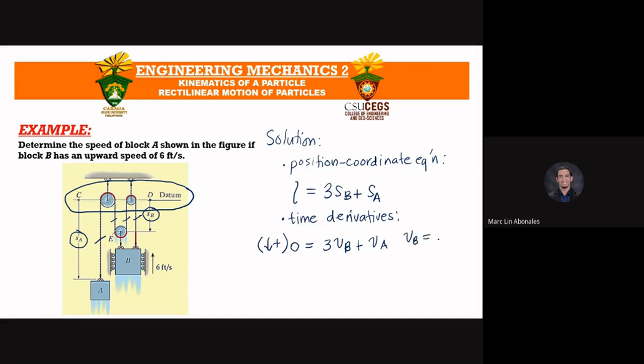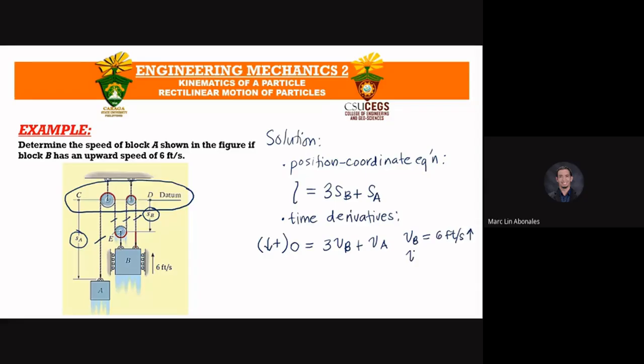Since the given velocity VB is 6 feet per second upward, VB is equal to negative 6 feet per second. Substituting in our equation, that is 0 equals 3 times negative 6 plus VA, and VA, the velocity of block A, is equal to positive 18 feet per second.